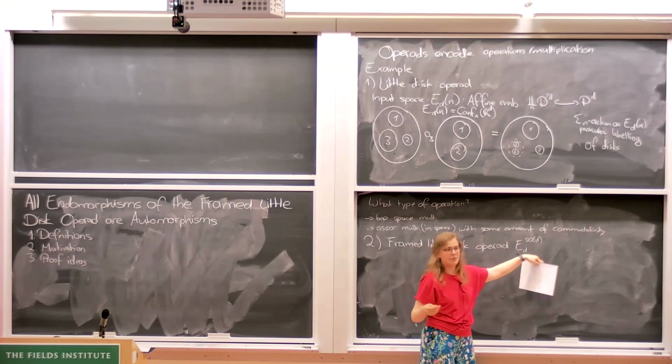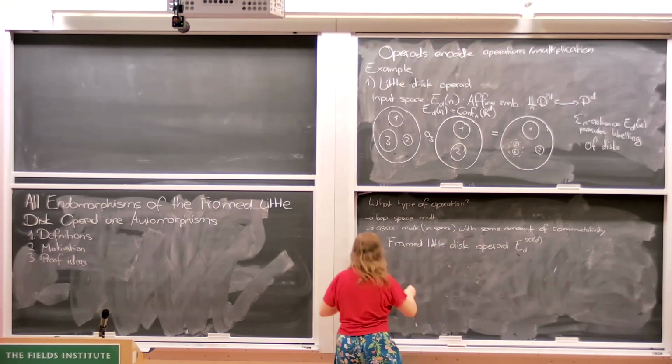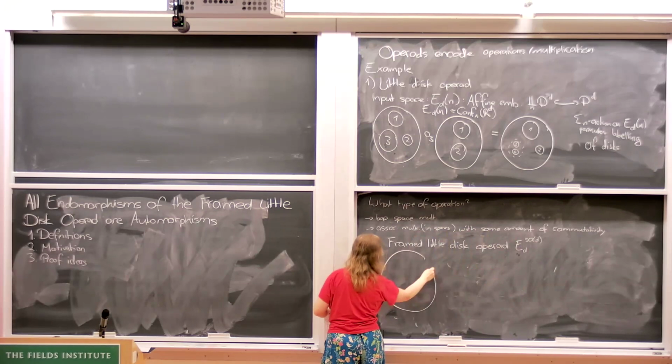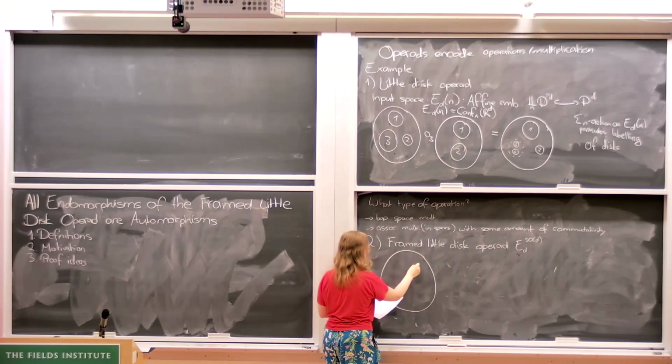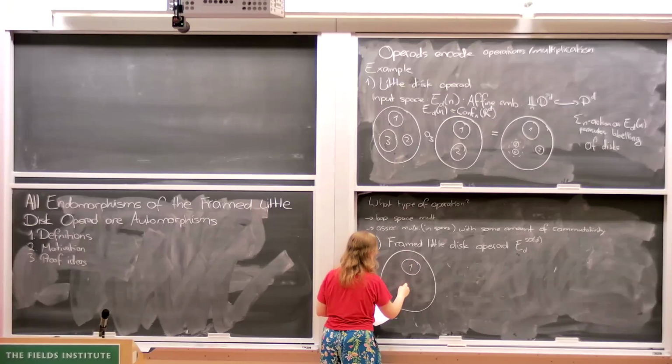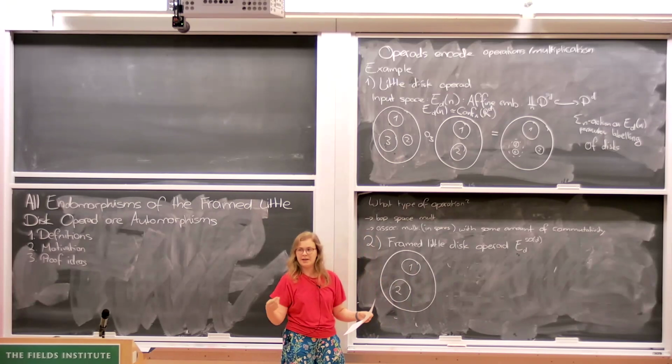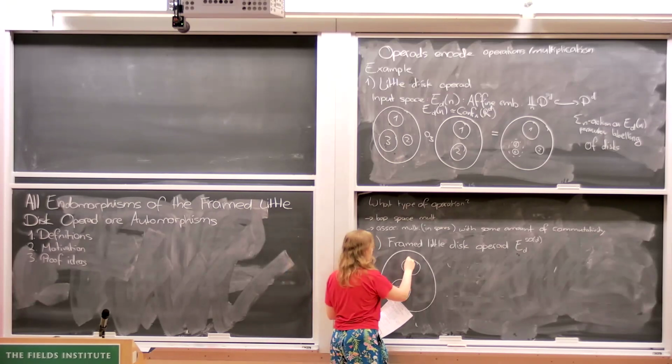So instead of SO(d), we could put other groups there. Okay, but so what is the framed little disk operad? I'm just going to draw an element in the input space. Let's say we have something like this, right? But now we not only remember those affine embeddings, but we also remember an additional rotation.